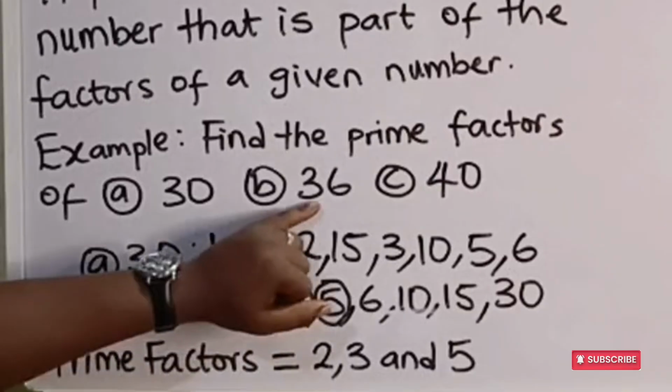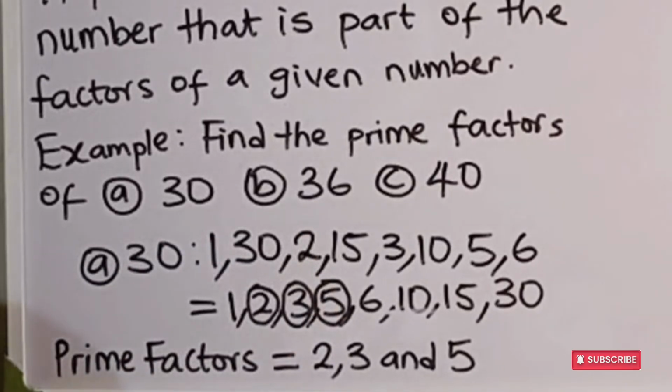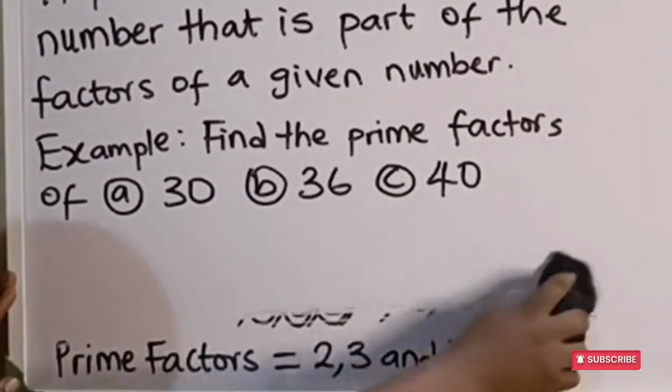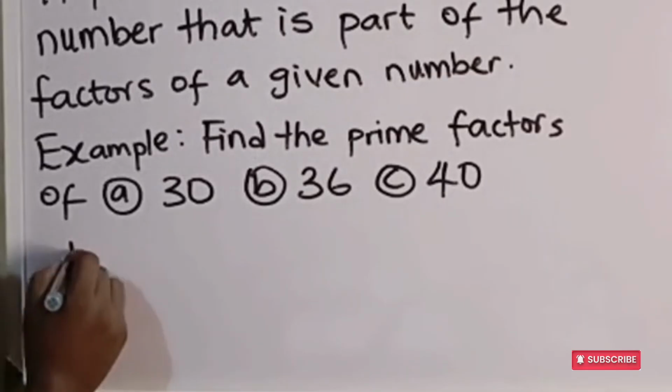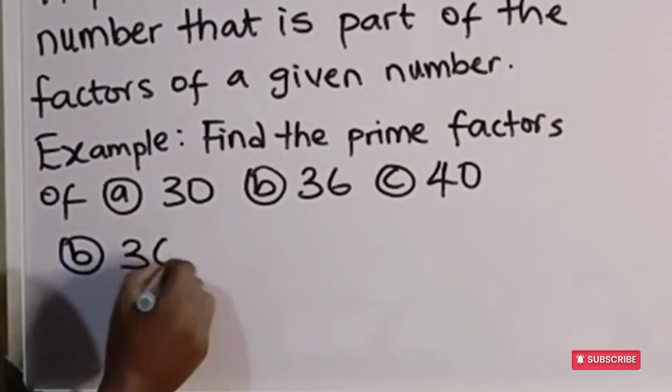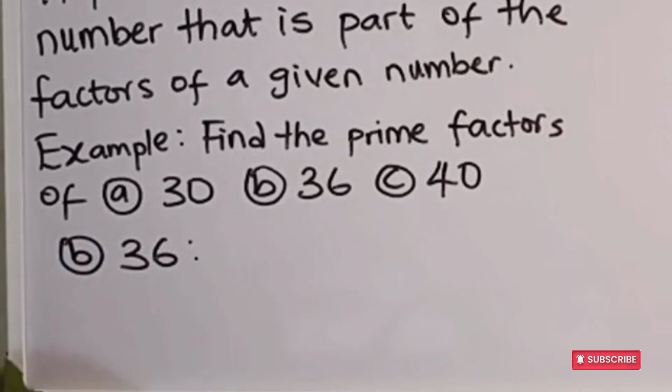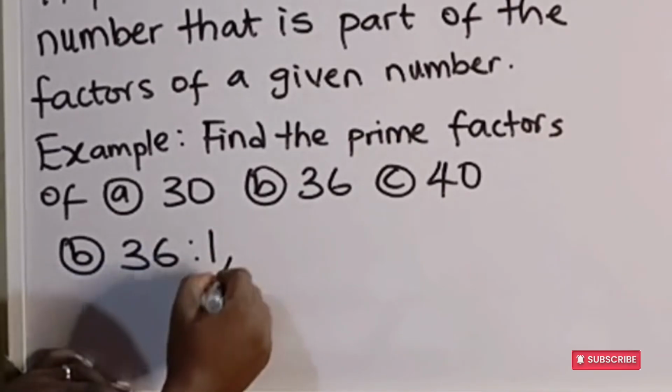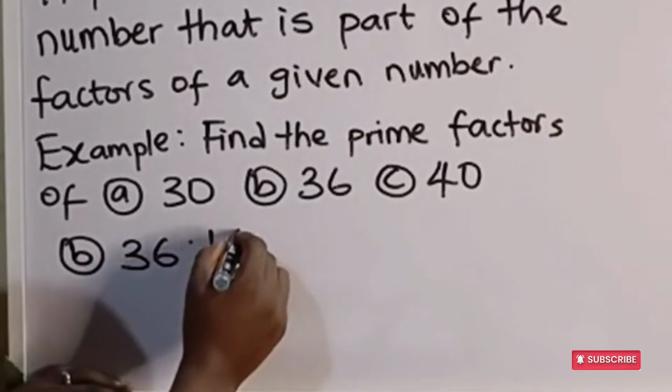So let's look at 36. Let's find out the prime factors of 36. Let's write down all the factors of 36. The smallest factor of 36 is 1. The largest factor of 36 is 36 itself.